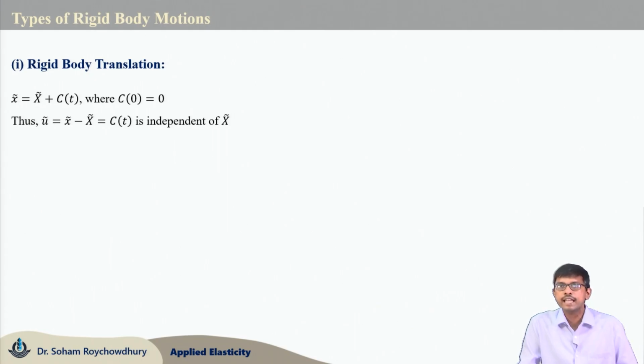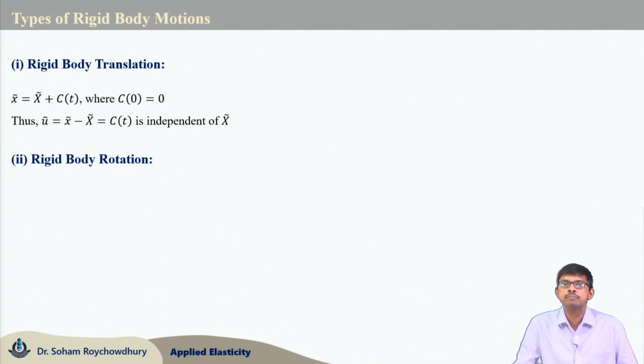This C(t) is independent of X, and at time t equals 0, C(0) must be 0, which will ensure coinciding small x with capital X at initial time t equals 0. Displacement u will be small x minus capital X, which is C(t), independent of X, only a function of time, meaning the body is continuously translating along a straight line or along a curved path. This is called the rigid body translation case.